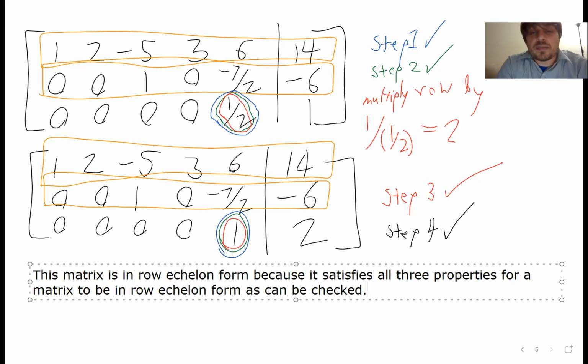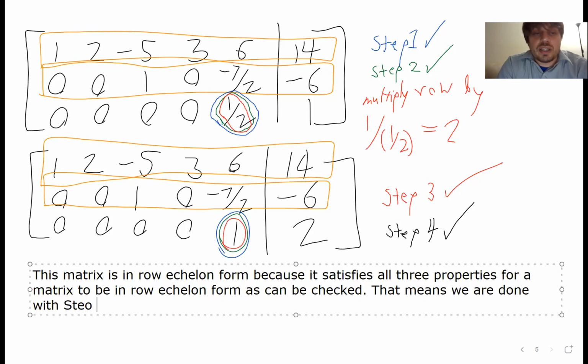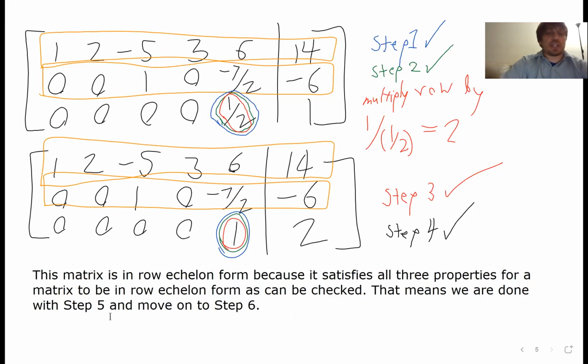Okay. So this matrix is now in row echelon form, and that means we are done with step 5 and move on to step 6. So we no longer have to go back to step 1 after step 5. We now can move on to step 6 because our matrix is now in row echelon form, and at no previous point in time was it in row echelon form. Okay, so let's go to the next slide.